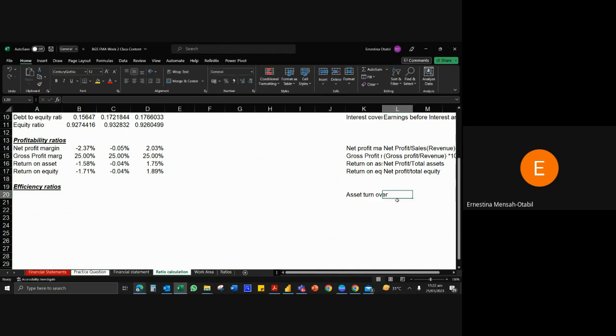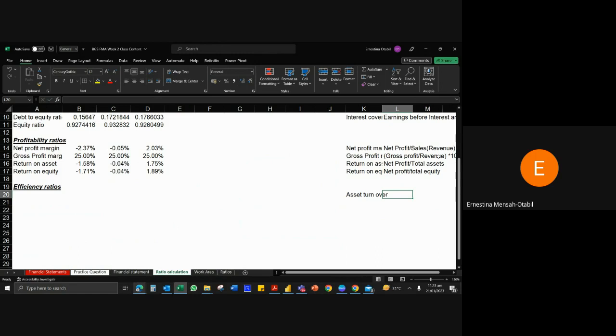The asset turnover ratio measures the efficiency with which a company is using its assets to generate revenue. So basically, we are looking at how the company is managing the assets to generate the required revenue that the company wants. With this also, a higher ratio suggests that the company is using its assets effectively to generate revenue.